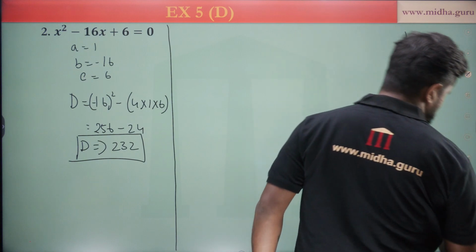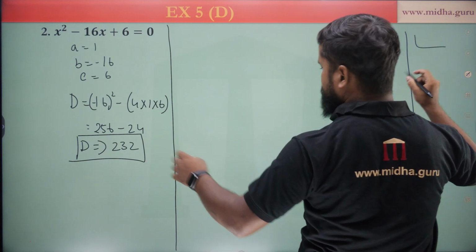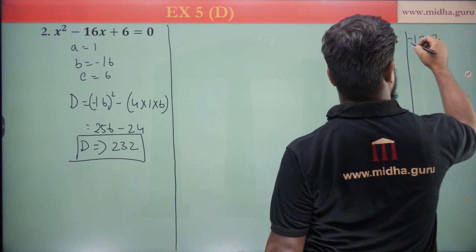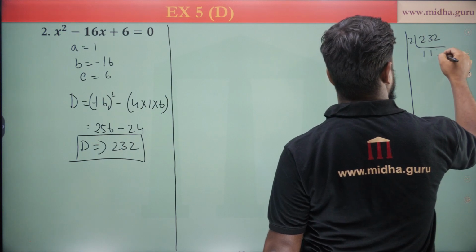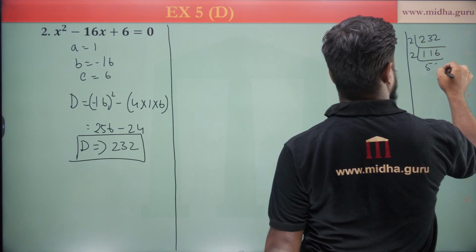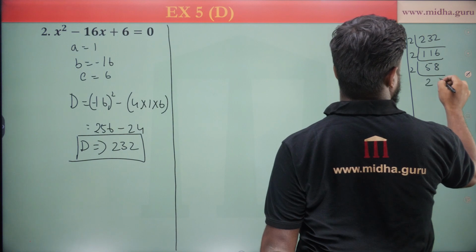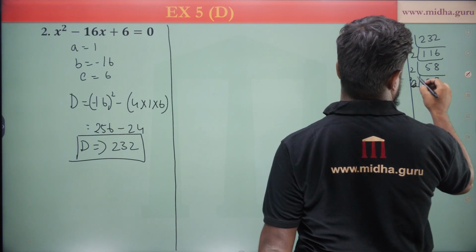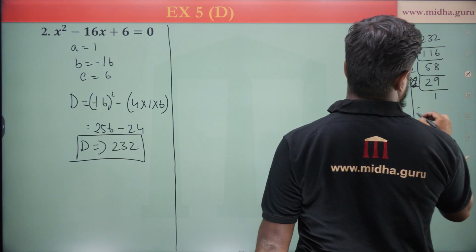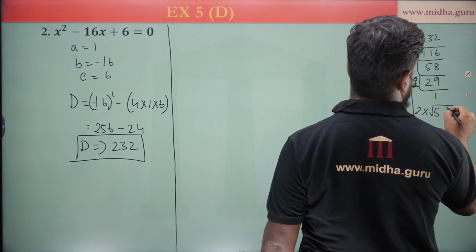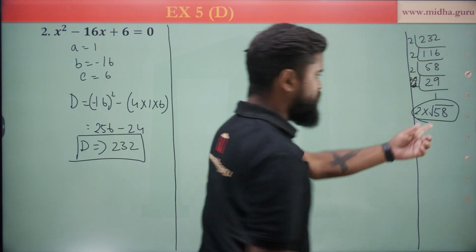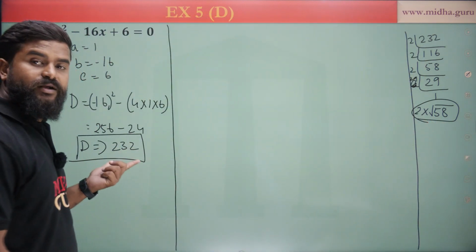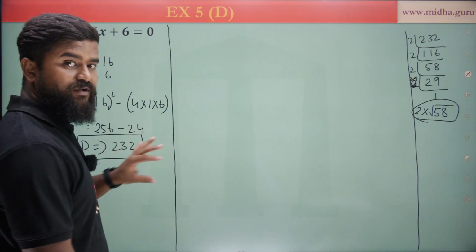Again, just for clarity's sake, we'll try and calculate by prime factorization. So this will be the square root of the discriminant. We'll keep that in mind when we move ahead.